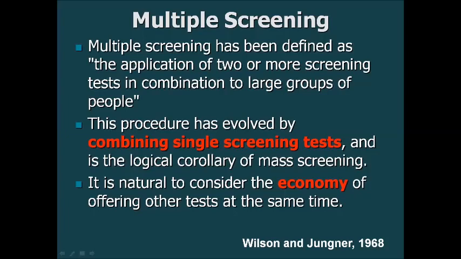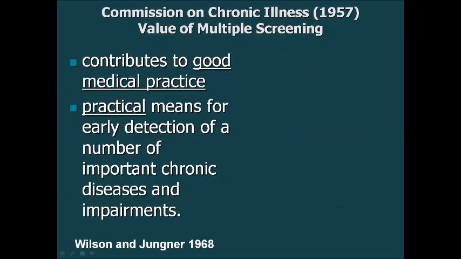It's natural to consider the economy of offering other tests at the same time, and that's in essence what's being performed in expanded carrier screening. Again, multiple genes, multiple alleles for multiple conditions.